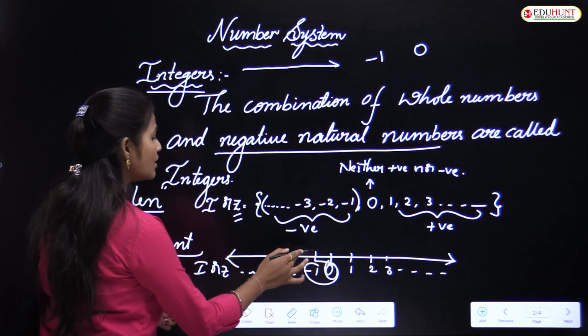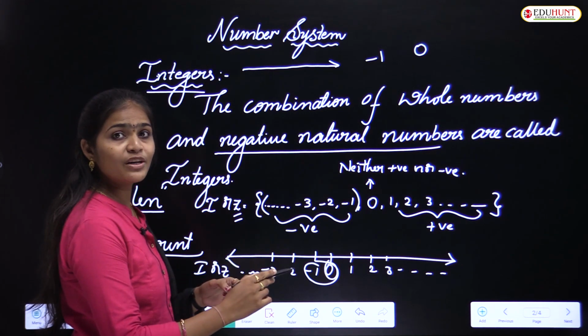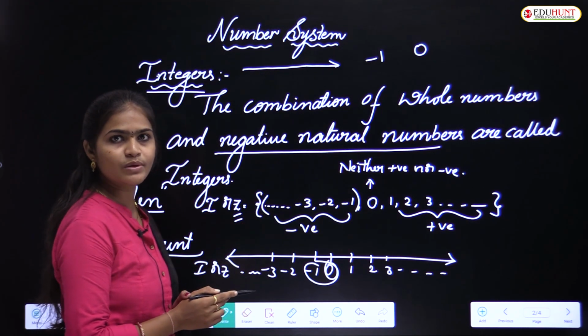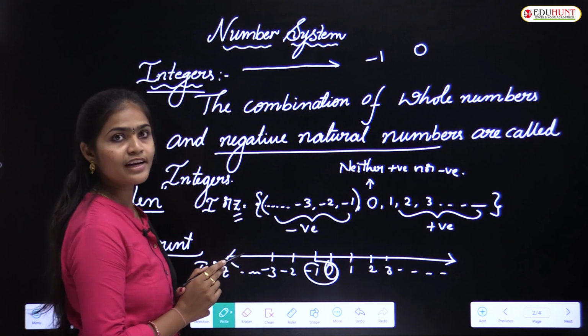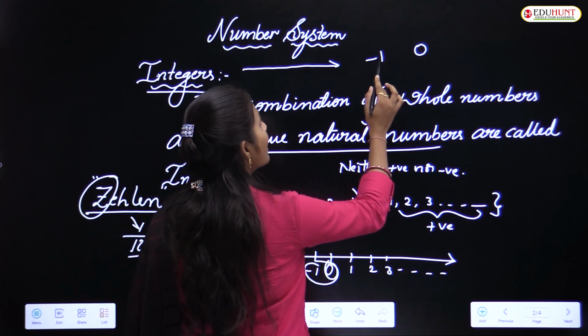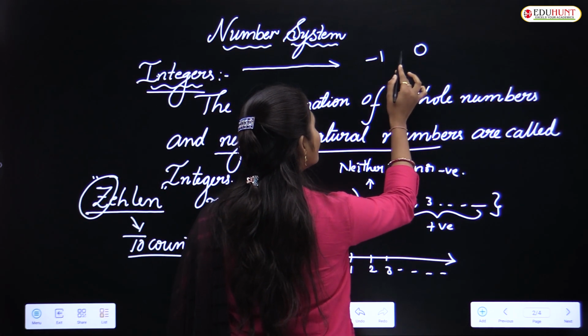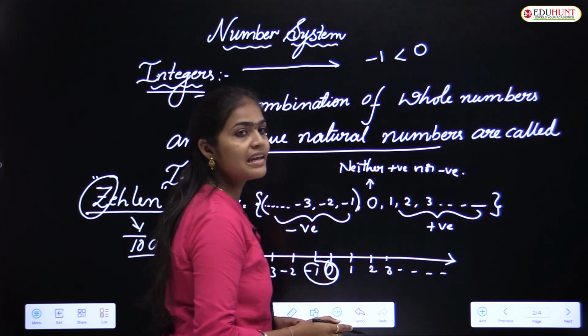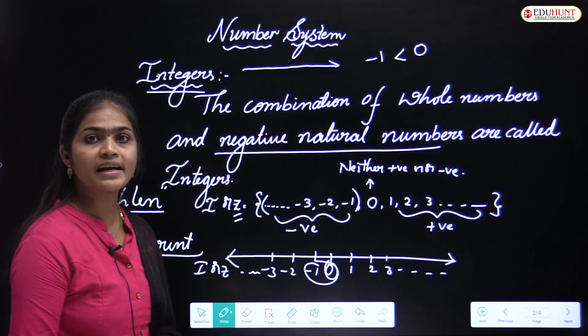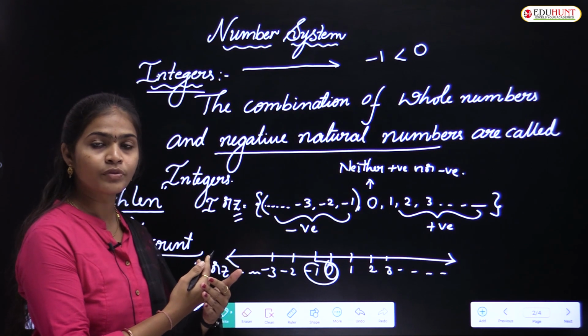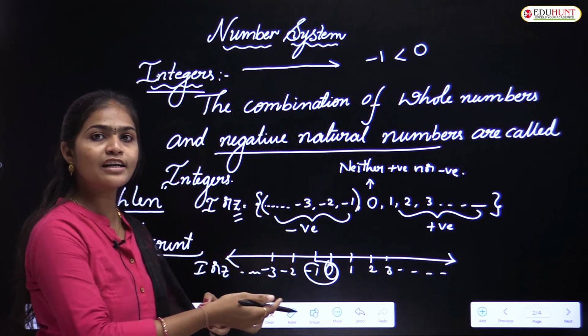So when you observe these two numbers, 0 lies on the right side of -1. So we can say that -1 is less than 0. Why? Because -1 lies on the left side of 0, or 0 lies on the right side of -1.